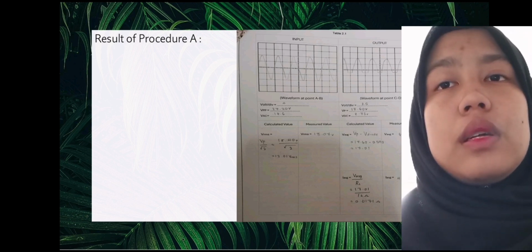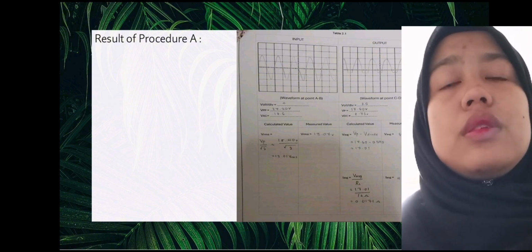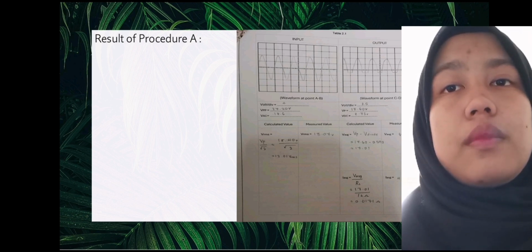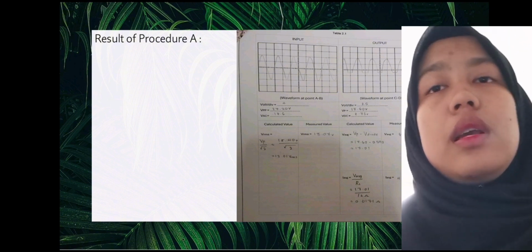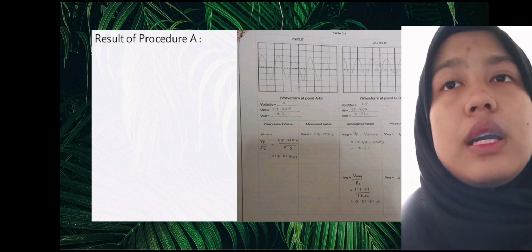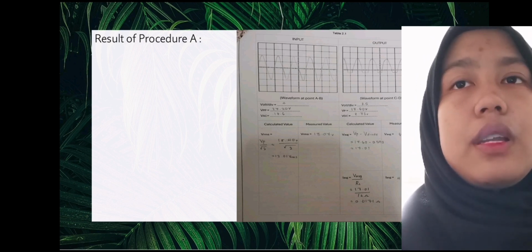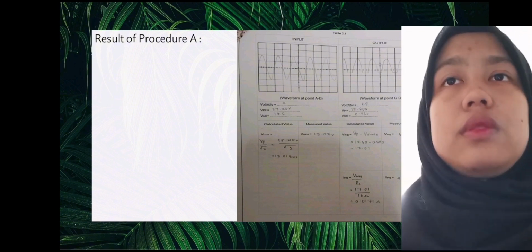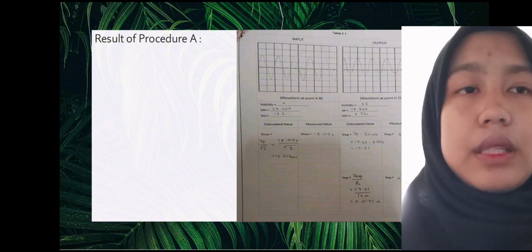We need to get the VP volt, after that divide by the square root of 2. So we got the answer 13.01 VRMS. The measured value is the same as the calculated value. So I pass my slide to my partner.